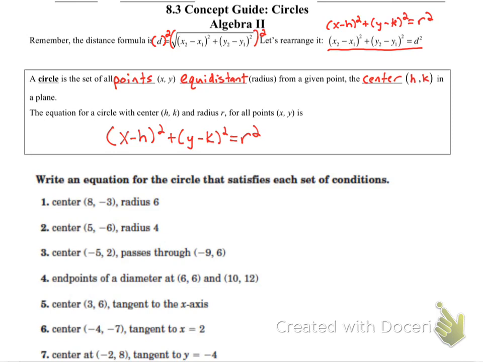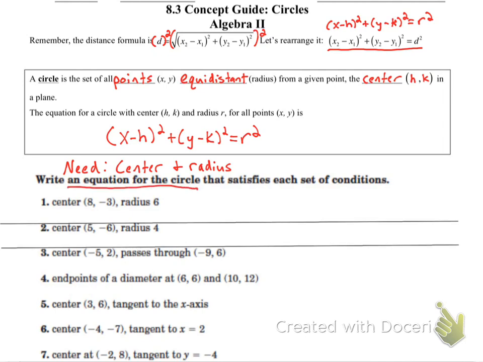Okay, so problem number 1, we're given our center and our radius. Well, if we're given our center and our radius, there's nothing else that we have to do. We can just plug that into our formula, because that's what I wrote in the notes. What you're trying to find is your center and your radius. Well, if it's given, you can just plug in the formula.